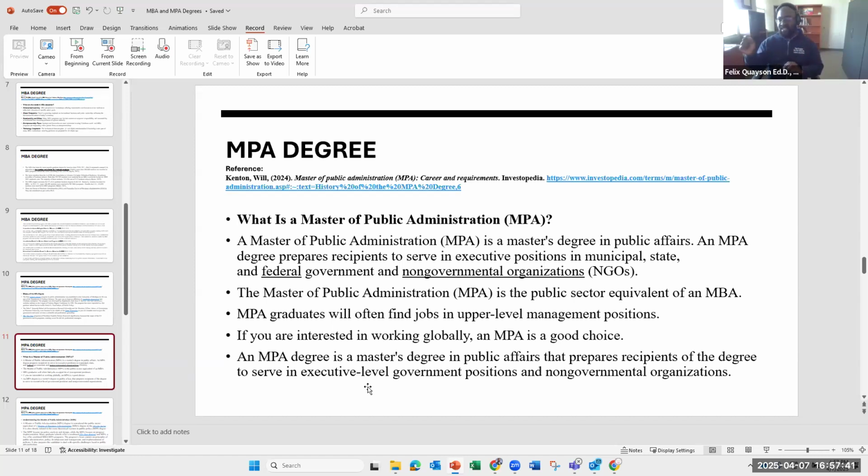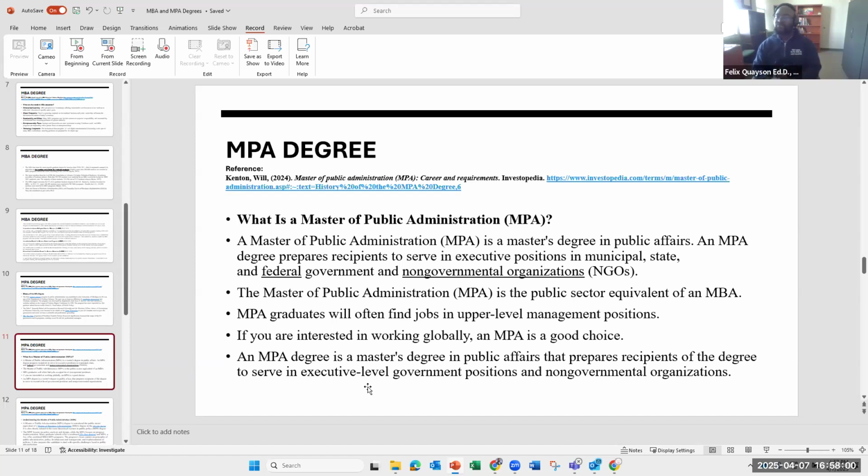Now, the MPA, the Master of Public Administration, is the public sector degree, just like the MBA is the private sector business degree. MPA graduates will often find jobs in upper level management positions.